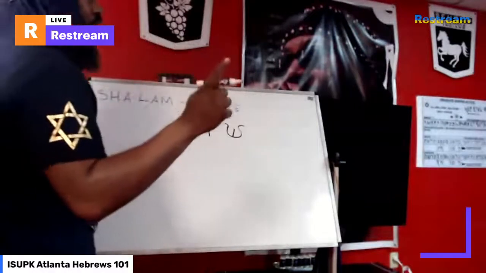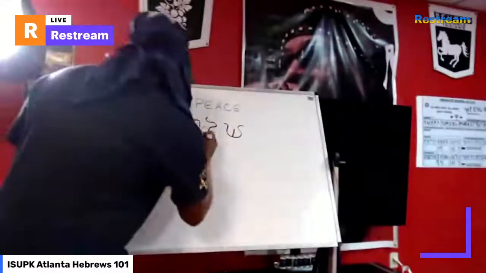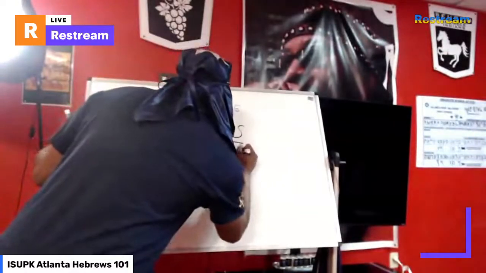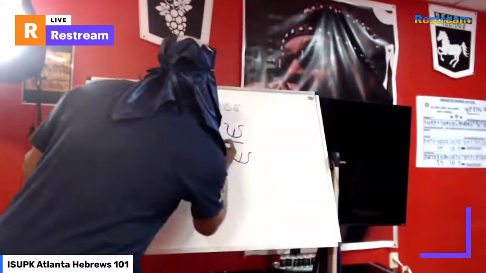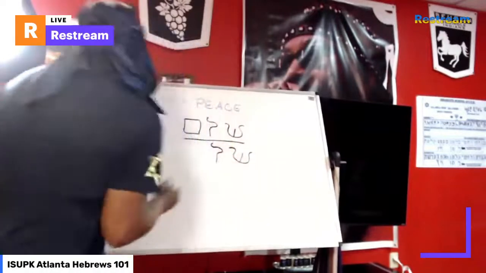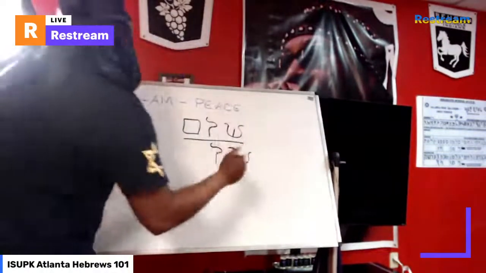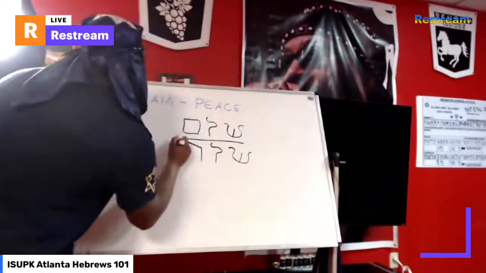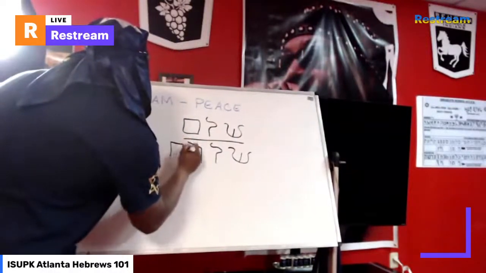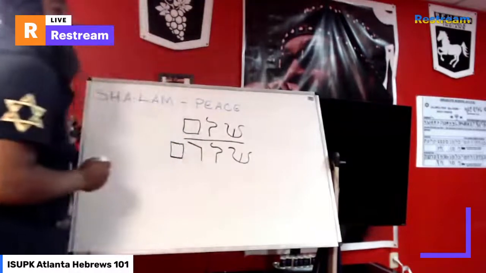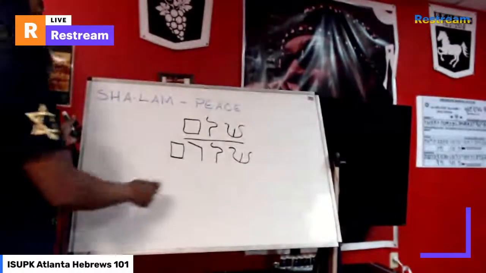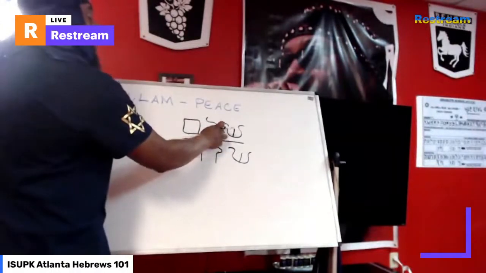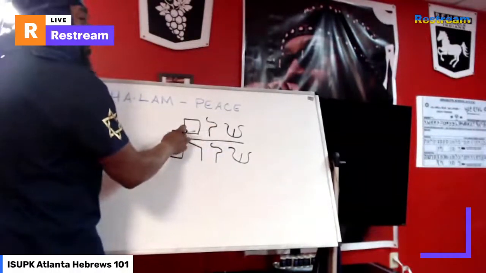But here's another way of writing it. And you can see this in the text. So now here, at the top, we have Shah, La, and Ma.